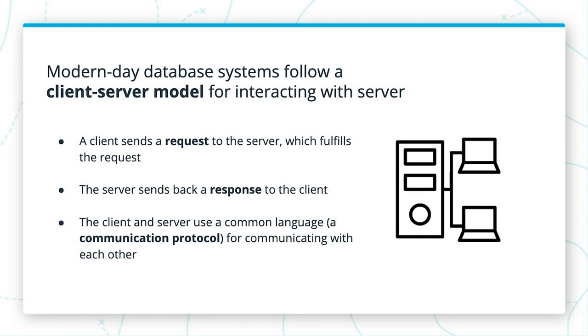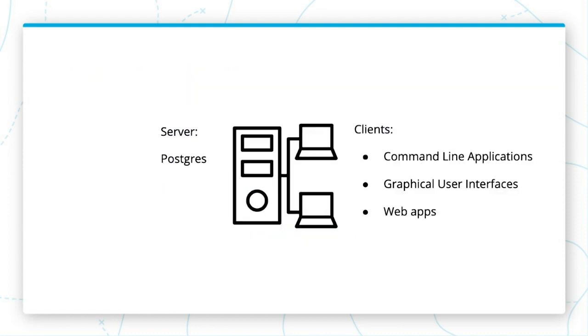Relational database systems follow a client-server model for interacting with clients. In this course, our particular server is the database system Postgres. Postgres will be able to talk to multiple clients. Those clients can come in many forms.